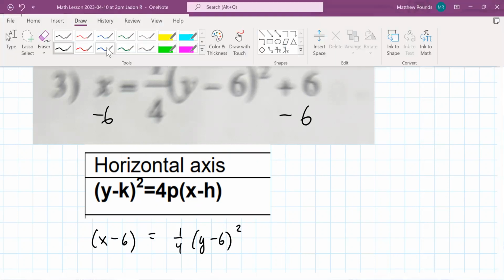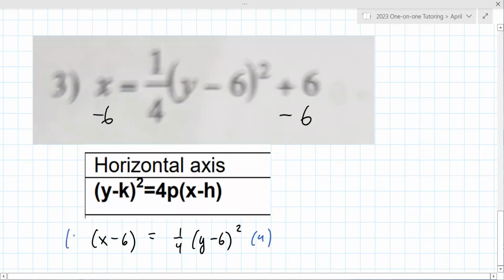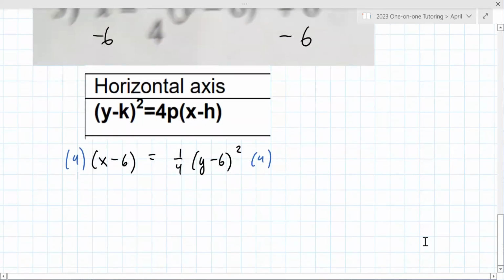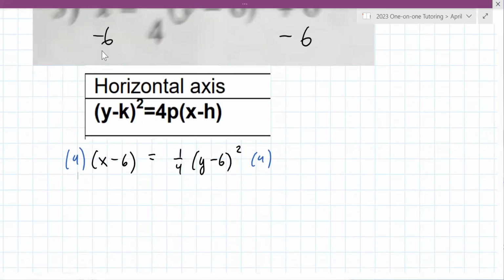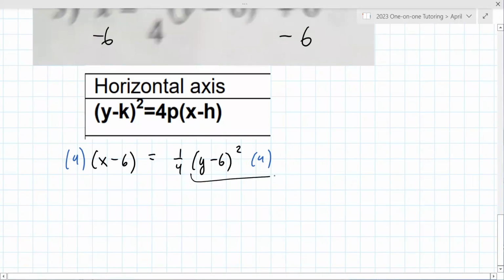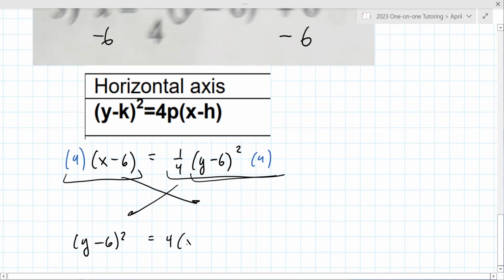You're going to clear that 4 by multiplying both sides by 4. And then because the y minus k is on the left, I'm just going to switch sides. So (y minus 6) squared equals 4(x minus 6). Really important to get it in that standard form.